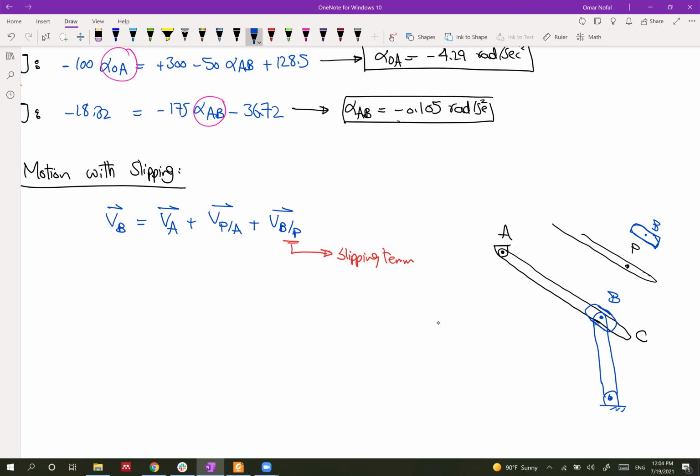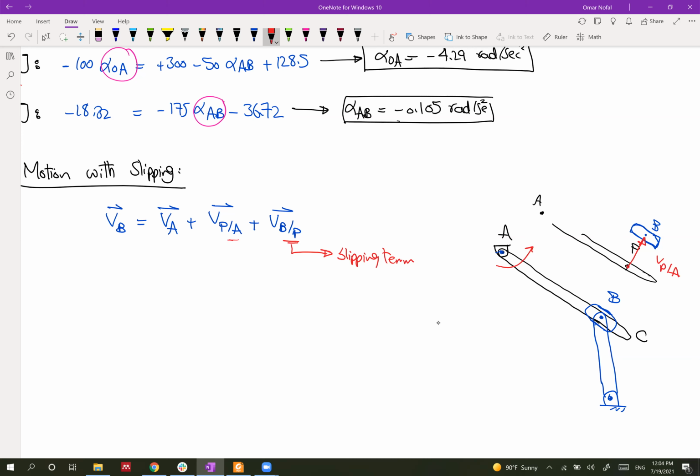And first, you will have VB equal to the velocity at A, and velocity at A here is 0, but you have B with respect to A. So if we have point A up here, and this is point B, and you know that the omega of this body is moving this way, so this will be VB with respect to A. So you got this one. And B and A should be on the same body.